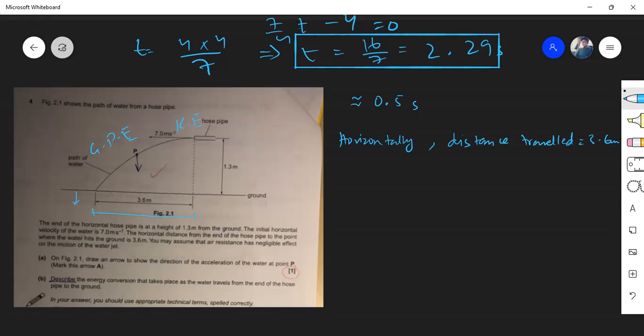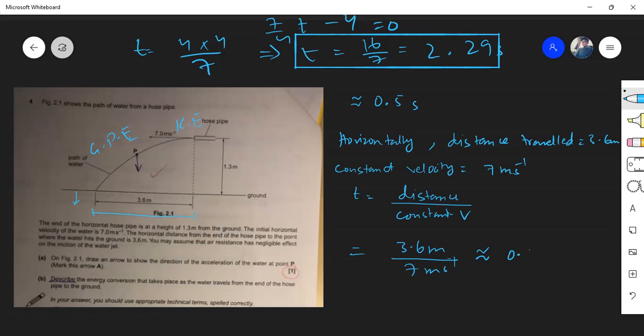And the constant velocity is 7 meters per second. What's the time? The time is distance divided by the constant velocity. So the distance is 3.6 meters and the velocity is 7 meters per second. This comes out to be approximately 0.5 seconds.